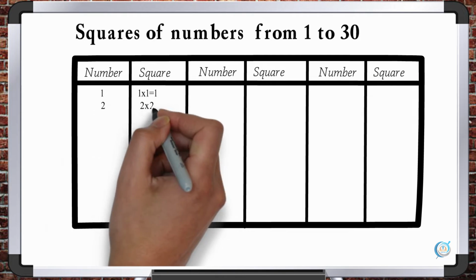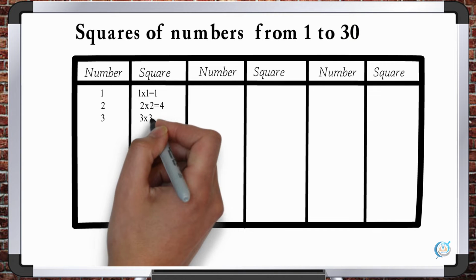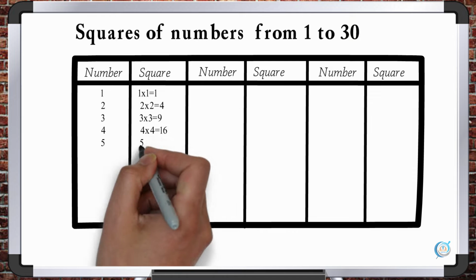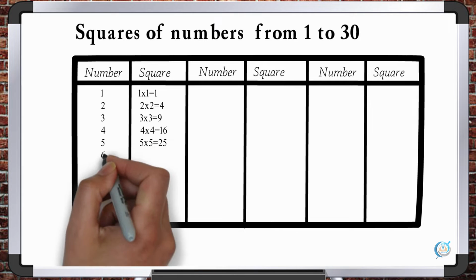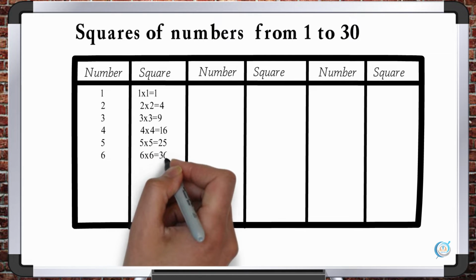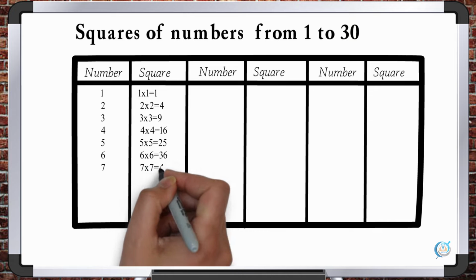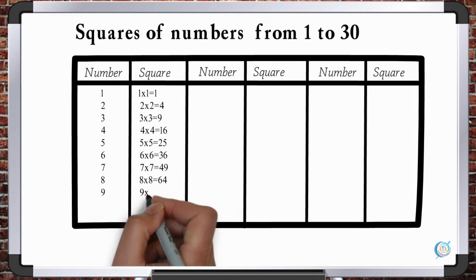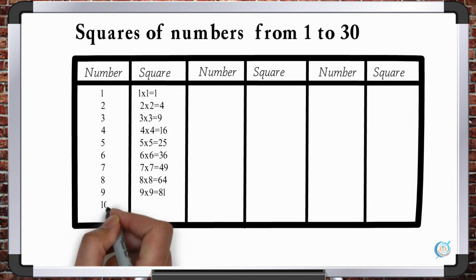Square of 2, 2 into 2, 4. 3, 3 into 3, 9. 4 into 4 is 16, 5 into 5, 25, 6 into 6, 36, 7 into 7, 49, 8 into 8, 64, 9 into 9, 81 and 10 into 10, 100.